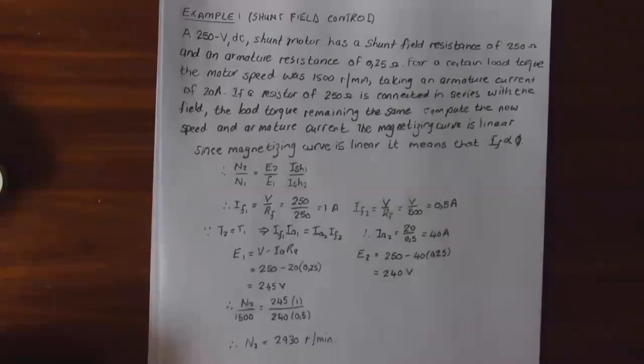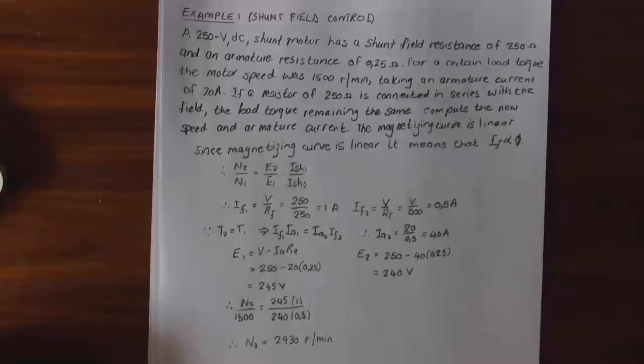In the case where we've got the 250 in series, that means our current is now halved. Torque 1 is equal to torque 2. That means IF1 IA1 is equal to IA2 IF2.